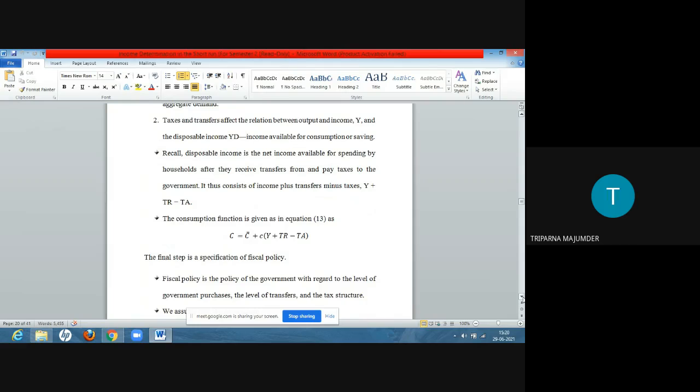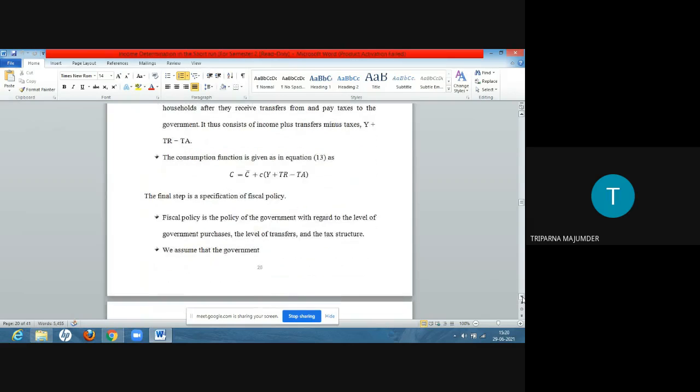Now, our final step will be to specify the fiscal policy. Fiscal policy is a policy of the government with regard to the level of government purchases, the level of transfers, and the tax structure.